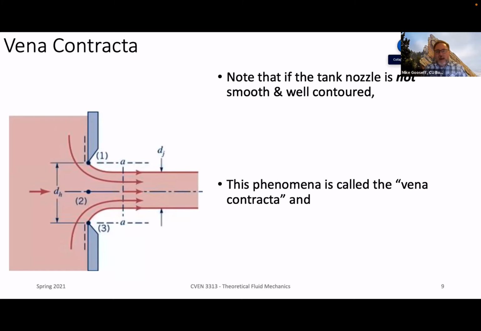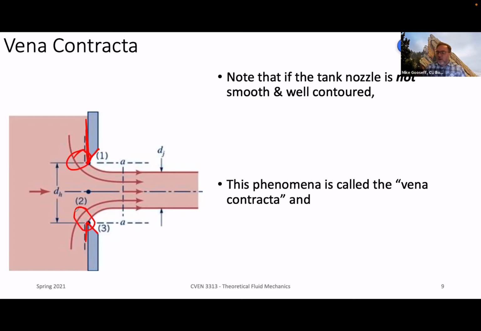And so what happens when you have a jet like this, particularly when you have this sort of shape at your exit, this really sharp shape, is that you're forcing the molecules of water, or these streamlines, to make a really hard bend right in this area and right in this area.